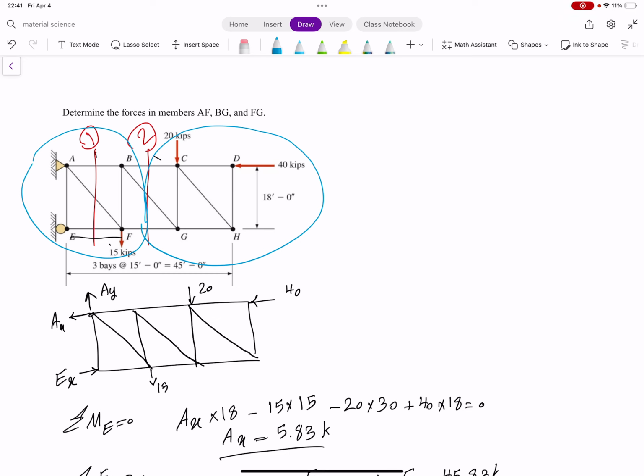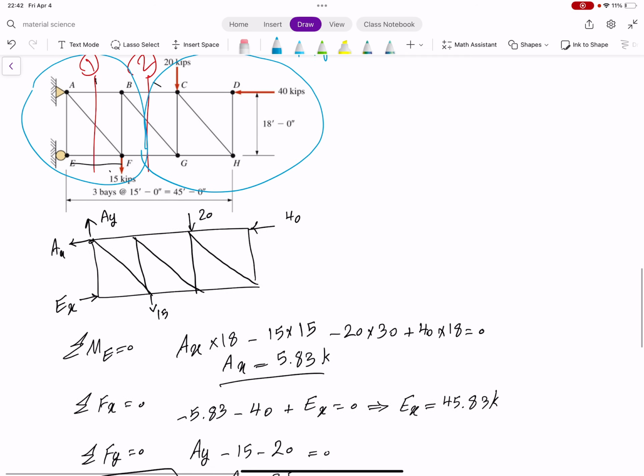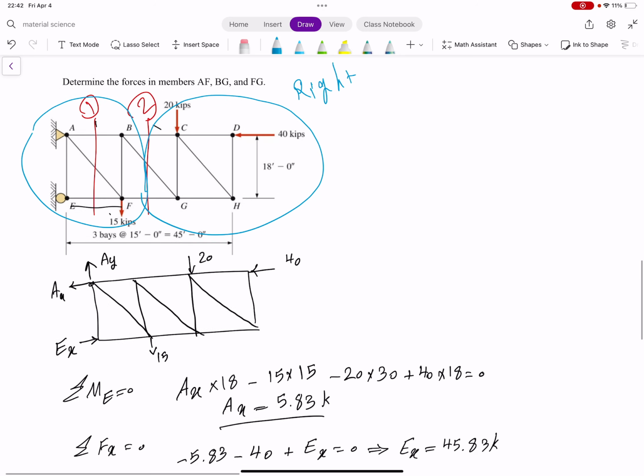But if I use the right one, it's gonna be easier, I think. Either one is gonna be okay, but on this one I have 20 kips, and I have fewer forces in there. The left one has AX and AY and AX. So the right one is gonna be only 2 forces. But either way, you should be able to find the same value.